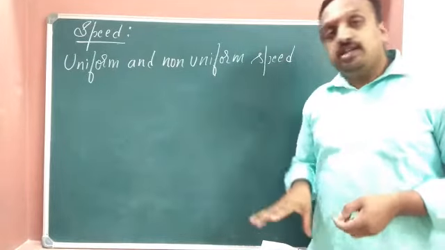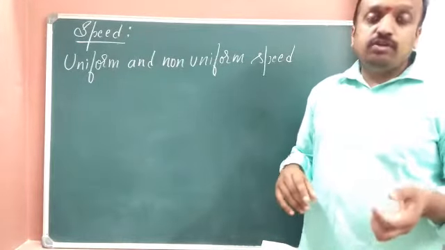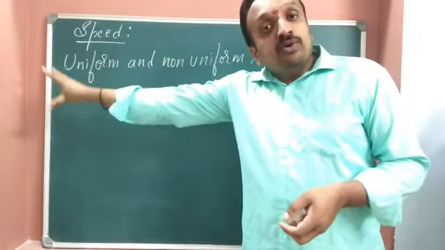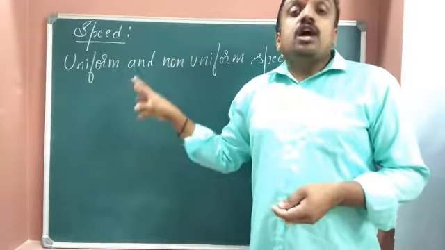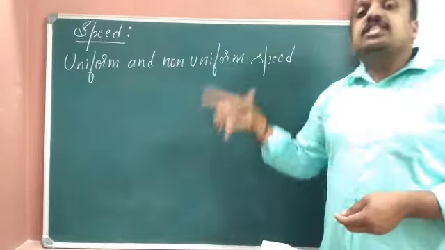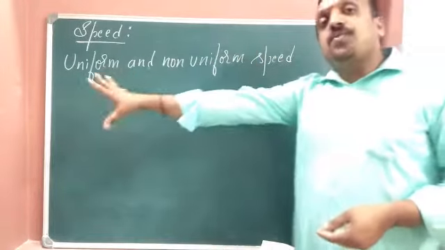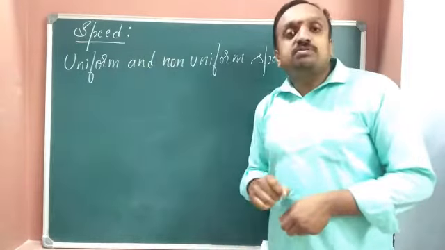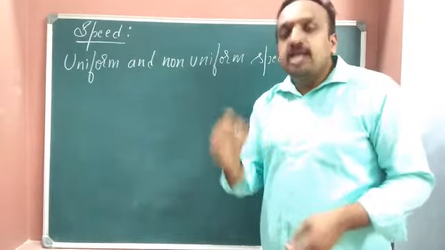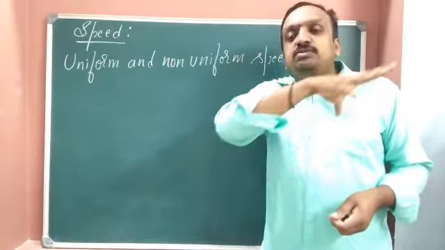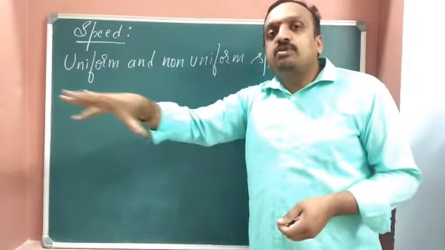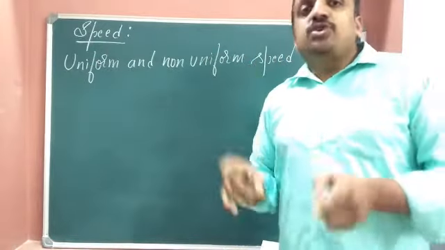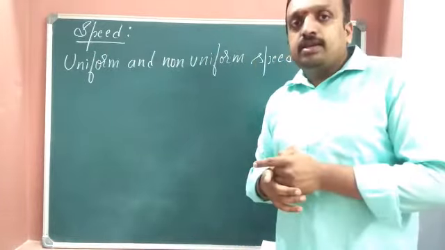You have already learnt what uniform and non-uniform motion are. Throughout the motion, if the object covers equal distance in equal intervals of time, that is said to be uniform speed. Imagine that a ball is moving in a frictionless motion. That motion is said to be uniform speed.